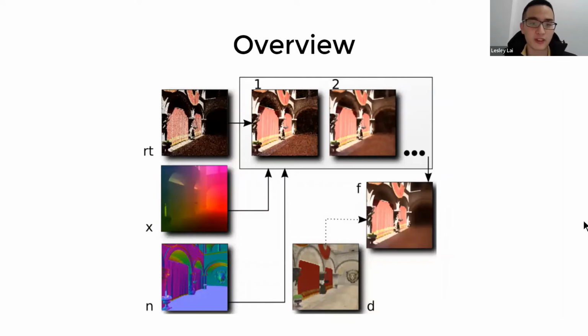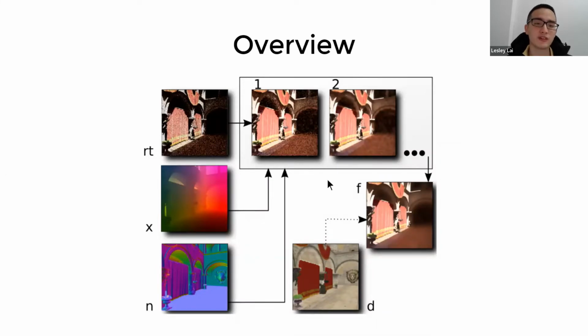The overview of this algorithm: it uses one output buffer and then 2 G buffers, 1 G buffer for the normal and another one for the position.